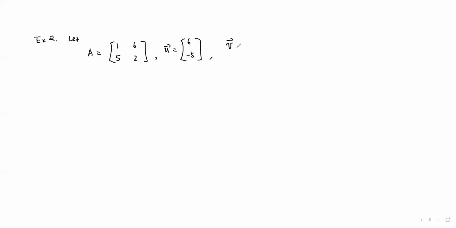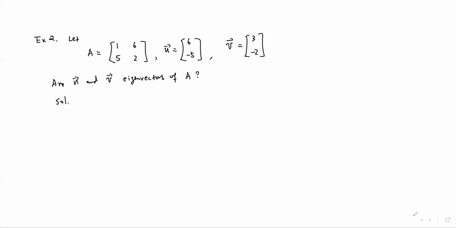Vector V be 3, negative 2. Now the question is, are U and V eigenvectors of this matrix? How to answer this question?